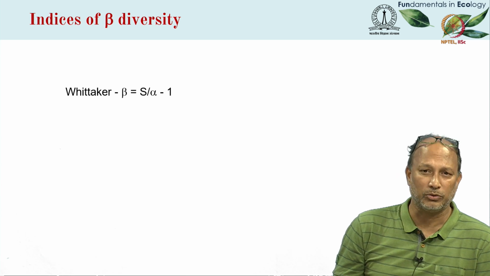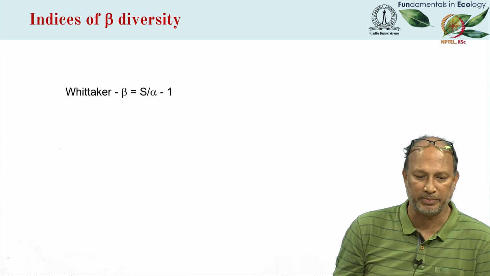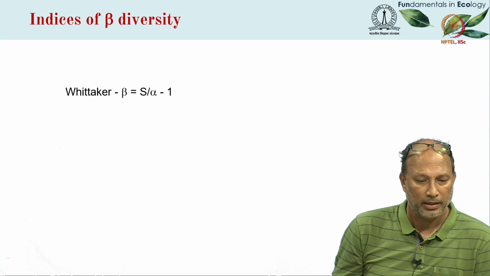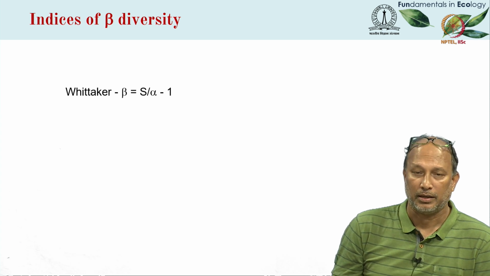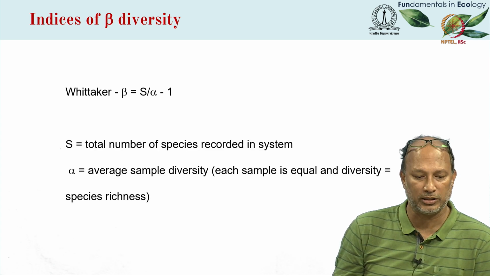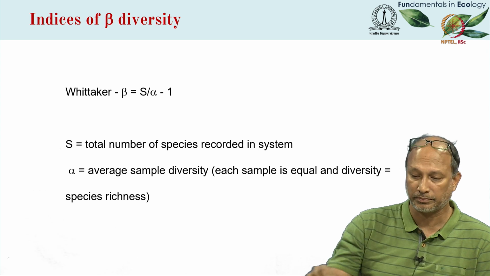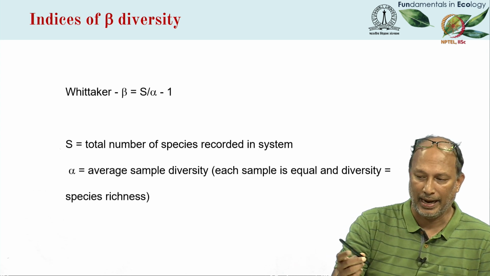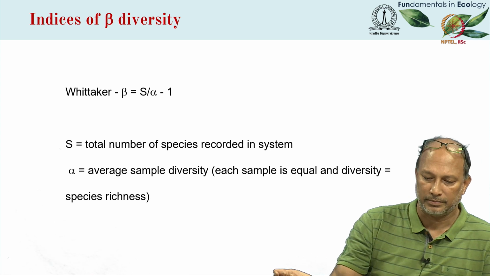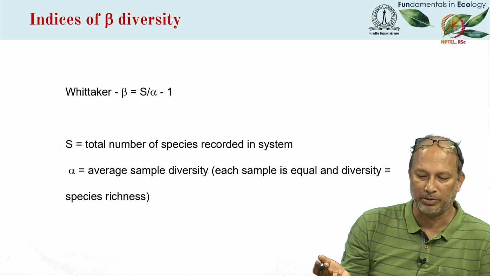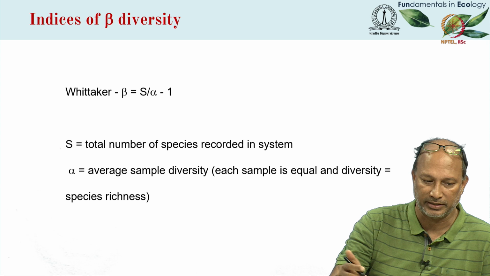One of the most commonly used measures of beta diversity was Whittaker's beta, which is S by alpha minus 1, S being the total number of species recorded in the system, and alpha being the average sample diversity, with the assumptions that each sample is equal and diversity is equal to species richness.